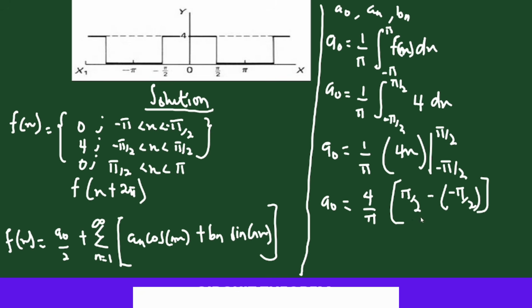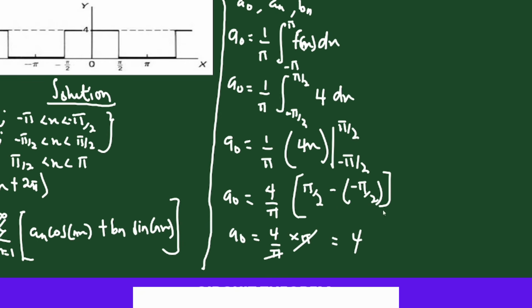So pi on 2 minus negative pi on 2 gives you pi, half plus half is 1. So a naught is equal to 4 on pi times pi, which gives us 4. So our a naught is 4.